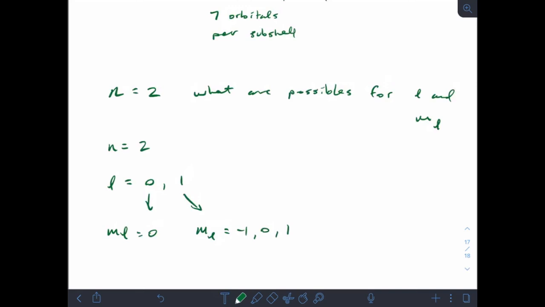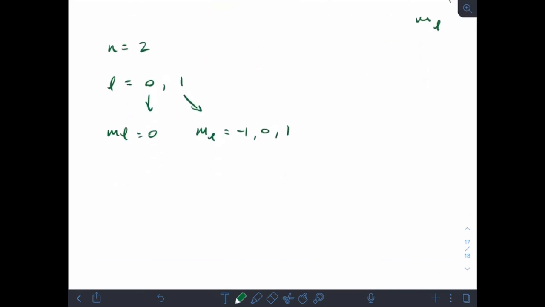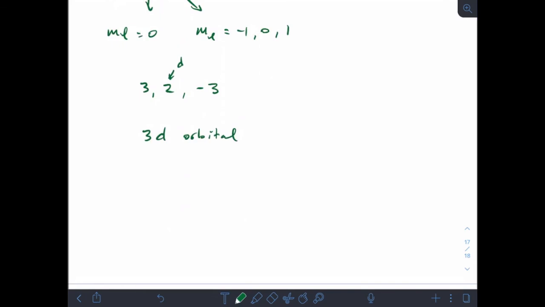And then if you're given an actual set of quantum numbers, if I said 3, 2, and -3 as your quantum number set, then we have a 3D orbital, because L value of 2, that's a D. Right, so one of the common questions that you'll see on many types of assignments and exams is whether a particular set of numbers is an allowed set of quantum numbers.